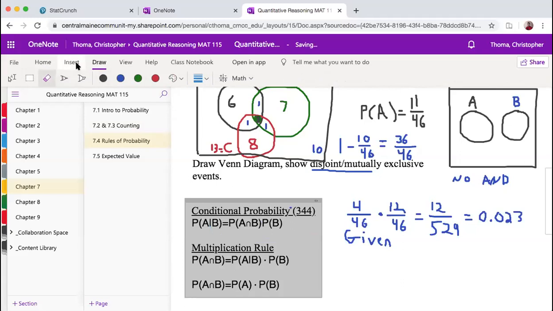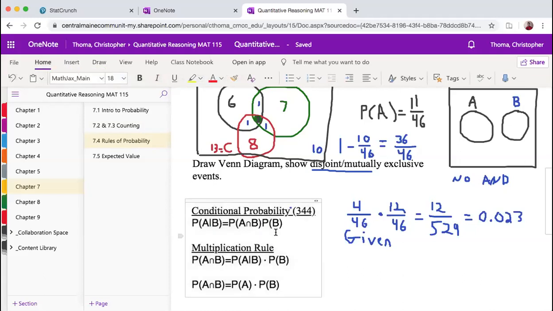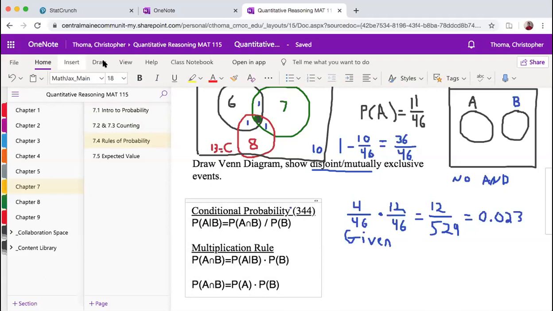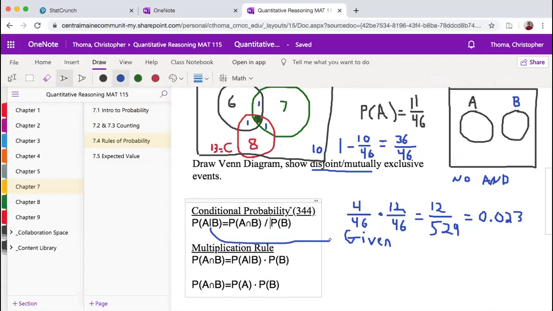Move that. Go to home. That should be a divide, because these 46 were supposed to cancel. That's why it's not making any sense. So home, draw, put my little thing back in here to my given. Given.